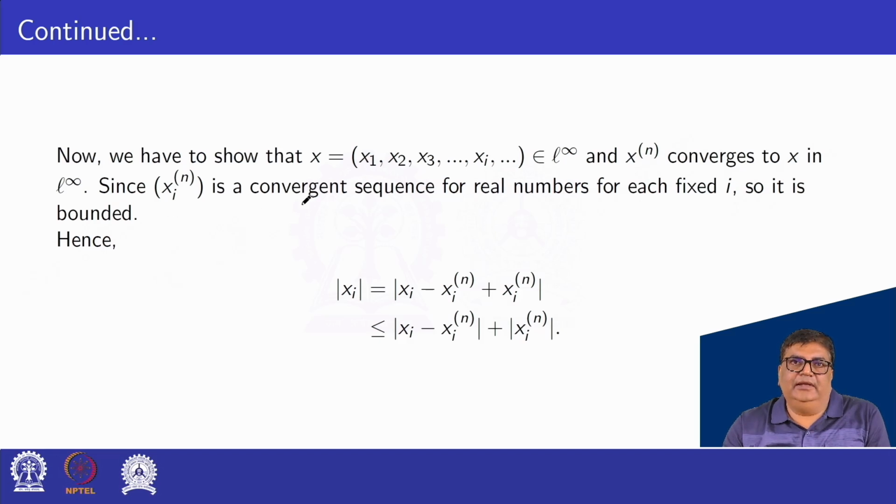Since x_ni is a convergent sequence of real numbers for each fixed i, it is bounded. Hence, mod x_i can be written as mod x_i minus x_ni plus x_ni. Here we have added x_ni and subtracted x_ni. This is less or equal to mod x_i minus x_ni plus mod x_ni.